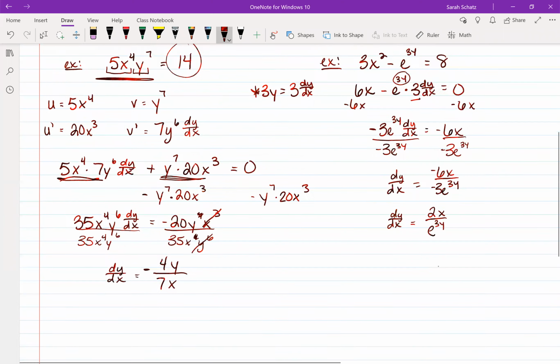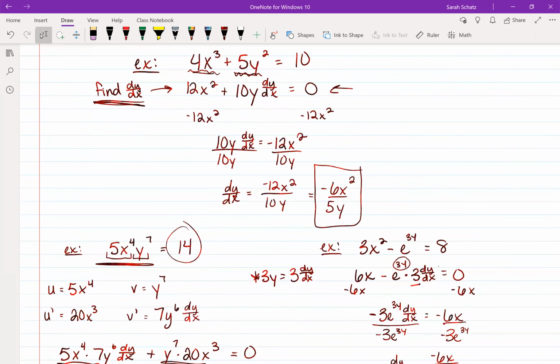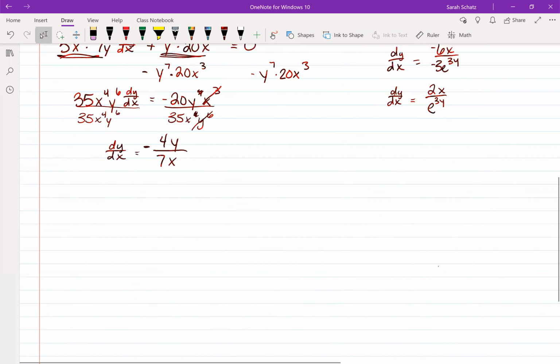So guys, now all of these techniques that we've used are the same techniques that you're going to use when you, for example, have to find dy/dx at a point. Remember that extra step is putting in the point.